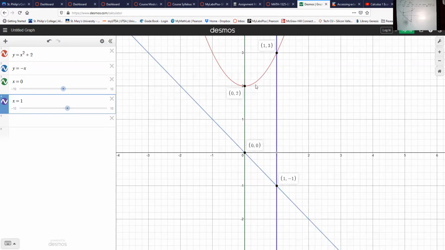What is the top function? What is the bottom function? So all you have to do to set up the integral is do the top minus the bottom. And what I want you to picture is having rectangles drawn up and down here.